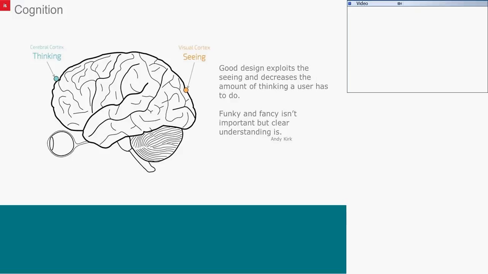So whenever people even communicate with each other, they replace words with images. The idea is, can we utilize some of this to make what we're trying to communicate to our users as simple and as understandable as possible? We do remember, though, as Andy Kirk says, funky and fancy isn't important, but clear understanding is.